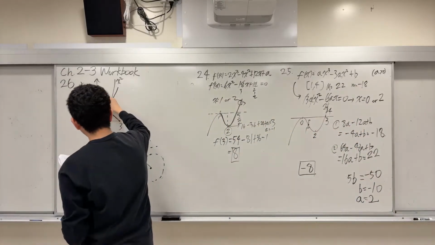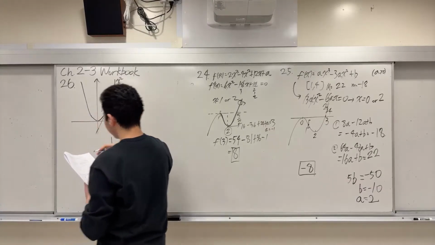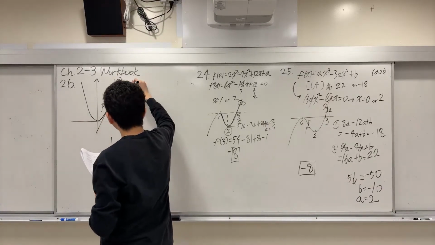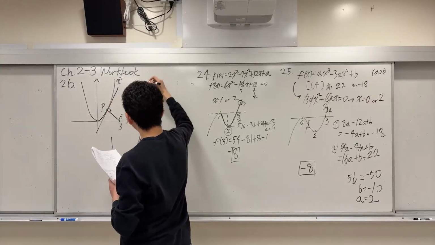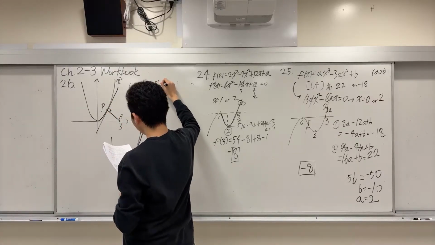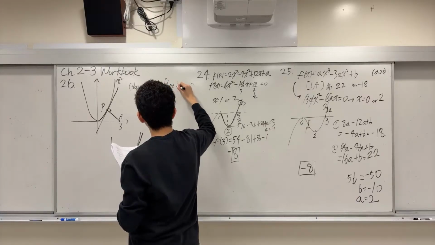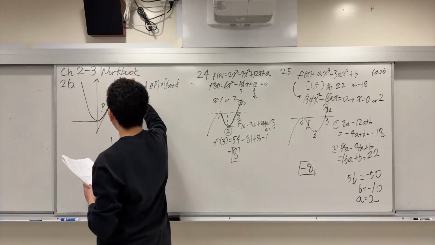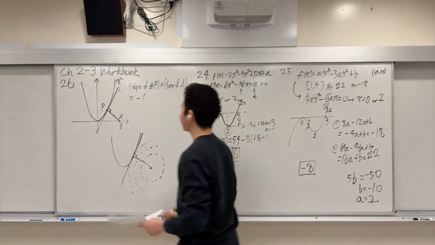All right, so if we call this point P and we call this point A, right? A is given. That means the slope of the segment AP, multiplied by the slope of, let's call this line L, so L is the tangent line, should be equal to -1 since they're perpendicular.